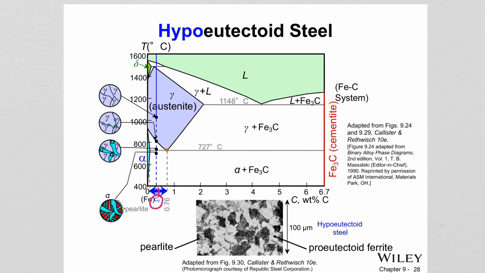At that composition, let's start with an alloy at this temperature. At this temperature, we have only gamma austenite. So it's an alloy of iron and carbon, and we are seeing a solid solution of iron and carbon, which is gamma, called austenite.